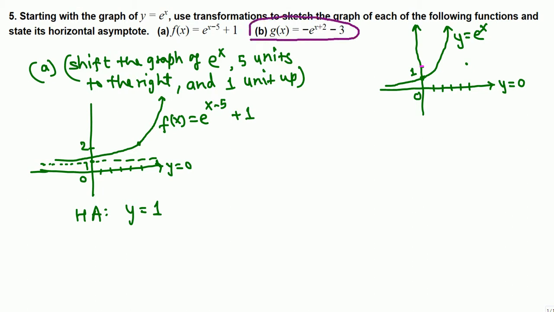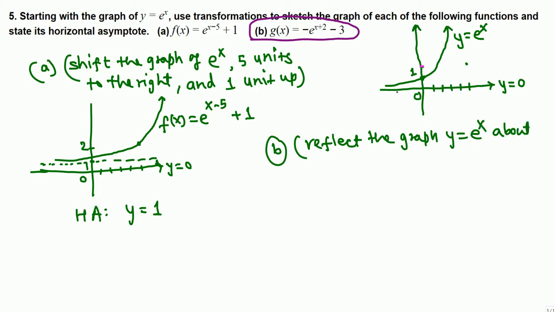Same idea. For part B, the negative means reflect this graph. To get this graph, we have to reflect the original graph y equals e^x about the y-axis, because of this negative in the exponent.